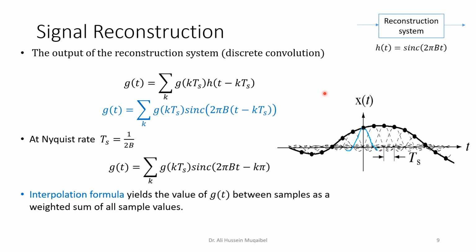I would like you also to remember this equation, and we'll call it the interpolation formula, because in interpolation, given the samples, I would give you g of t, the connected signal. So please remember the equation here to be able to reconstruct the signal.